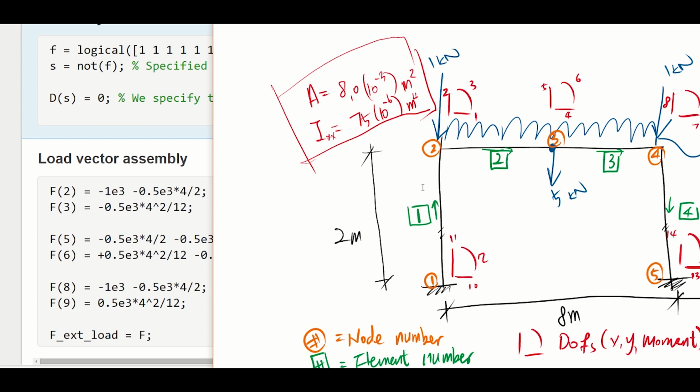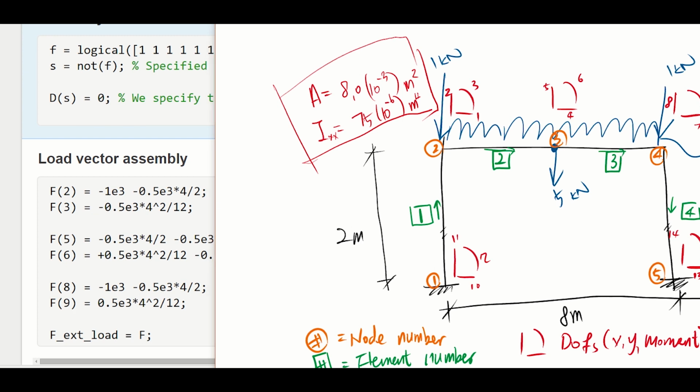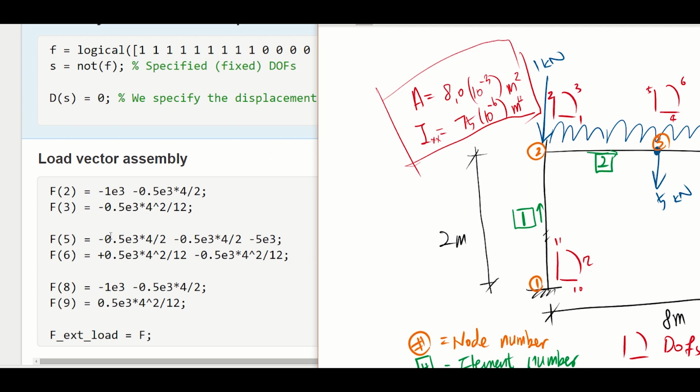So then you are counting the 2 of WL divided by 2, and your direct nodal force in the y direction, so fifth degree of freedom direction here, and then you simply add in here 5,000 Newton.